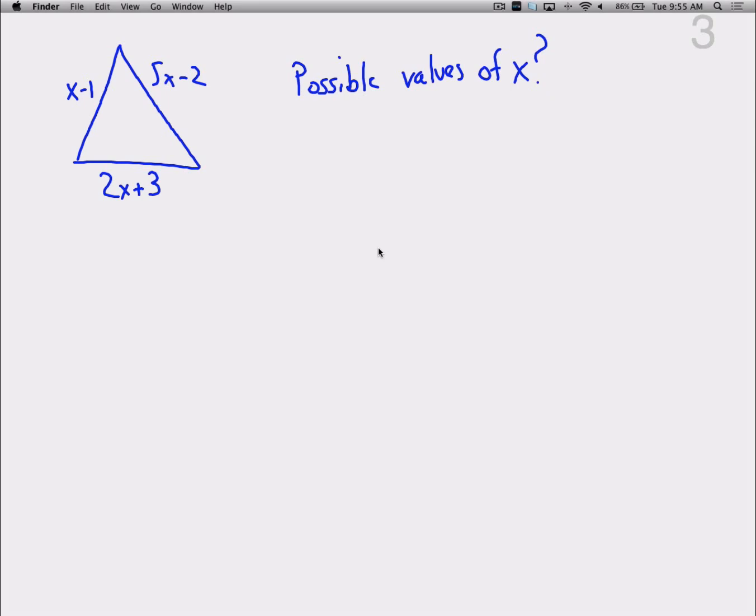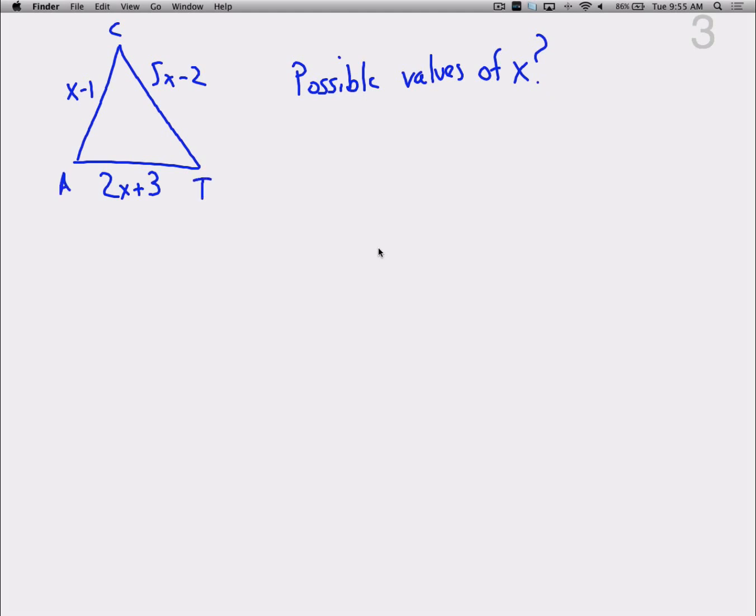By the way, how many scenarios does this problem present? 3 different scenarios. What's one of them? For discussion purposes, let's call this triangle CAT.